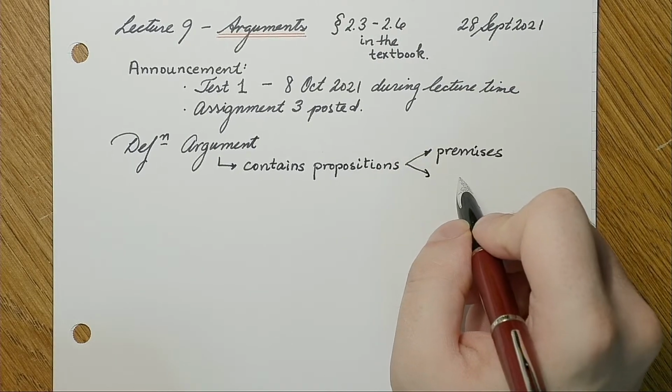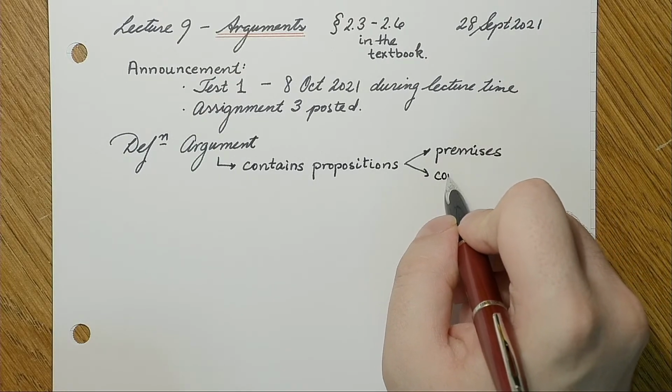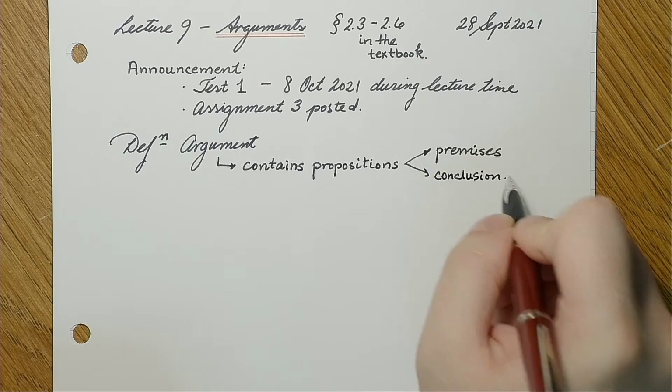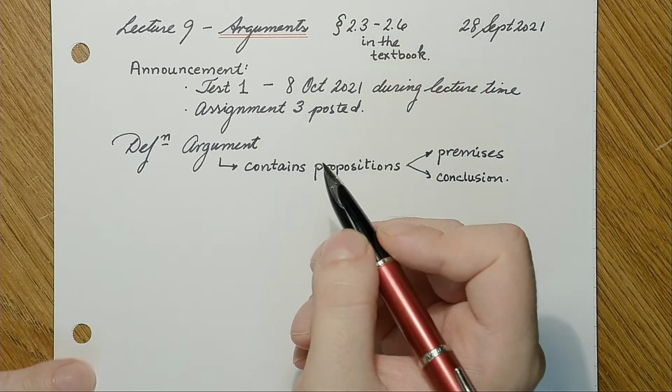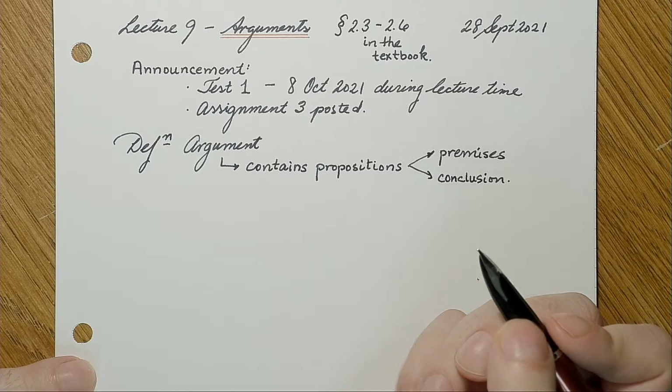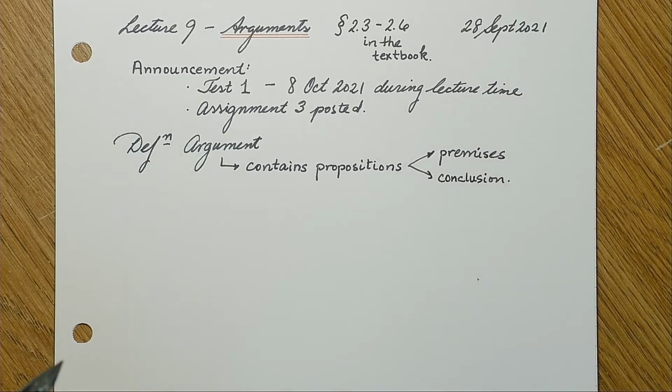And the other one is the conclusion. As for the question about the game, just send me an email about that. Okay, so an argument contains propositions, it contains premises and conclusions.